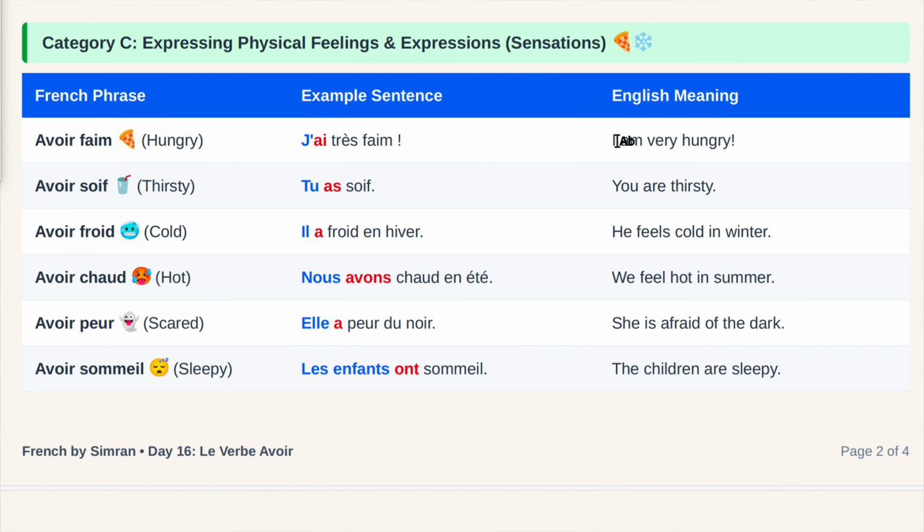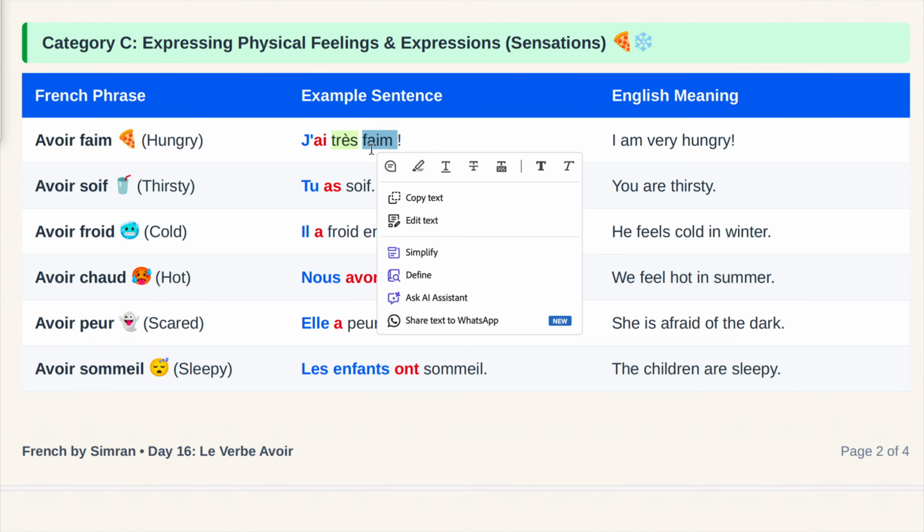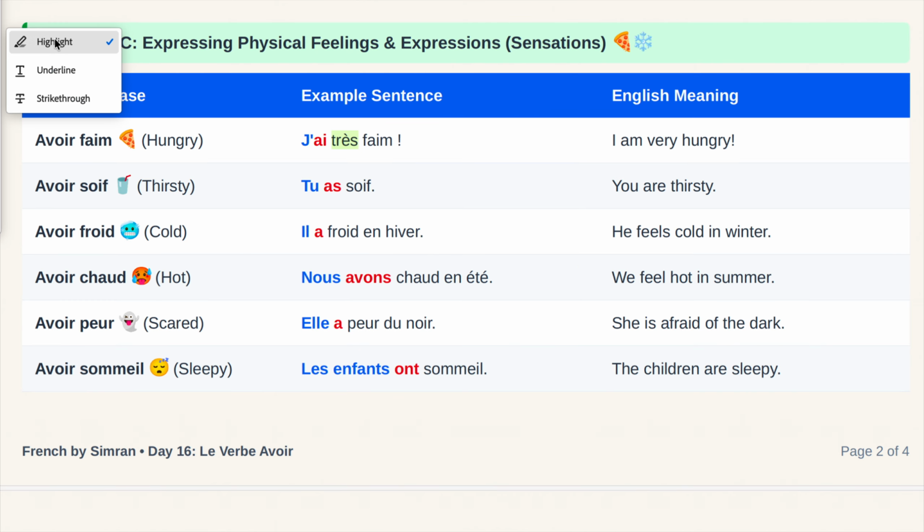You don't say je suis, you say j'ai, d'accord. Very means très. J'ai très. Hungry means faim, F-A-I-M. So it becomes j'ai très faim. J'ai très faim means I am very hungry, d'accord.